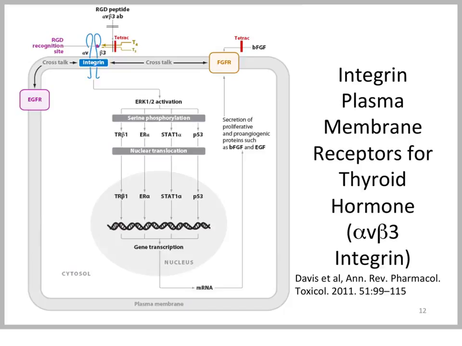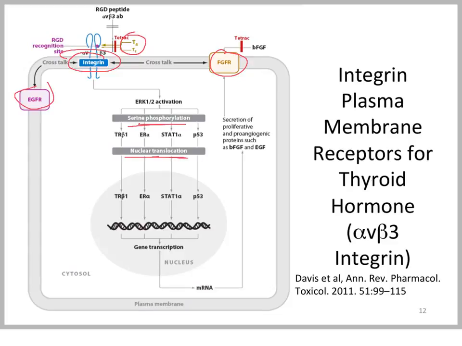And so in this graphic, what we show here is that integrin receptors right here are interacted with by T4 and T3, and they then have crosstalk with the epidermal growth factor and fibroblast growth factor receptors, but ultimately act through ERK1 and 2, which are kinases, and serine phosphorylation leads to result.